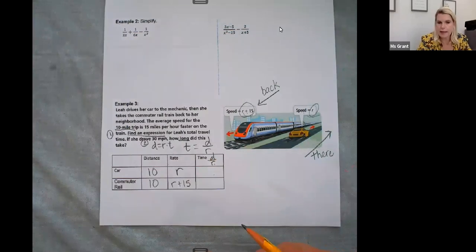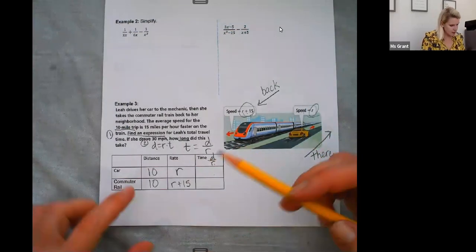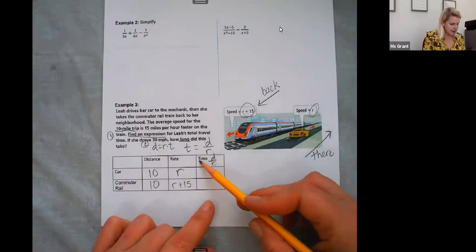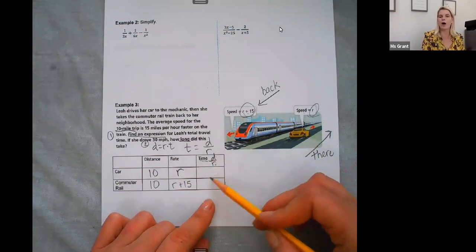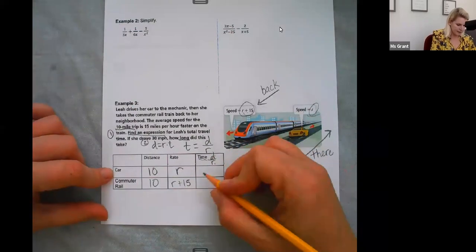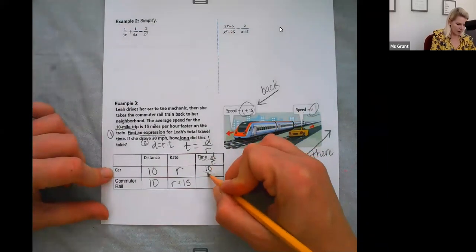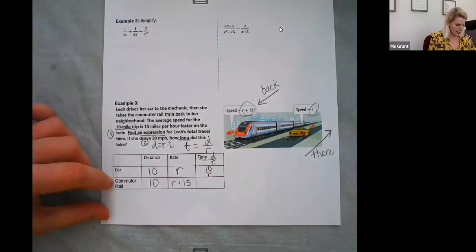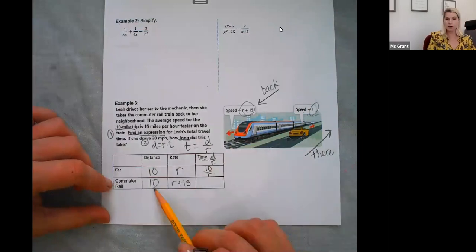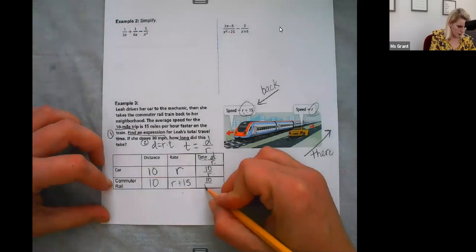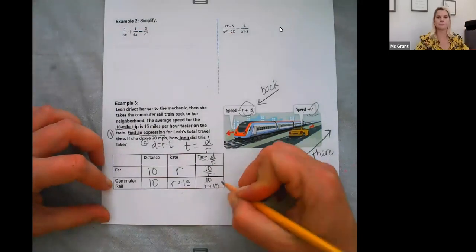Which means that I need to put my D over my R. So it's basically the time is distance divided by rate. I'm not going to put in a whole other number for time because I don't know how long. So distance divided by rate, car, 10 divided by R, distance over rate. Commuter rail, distance over rate, 10 over R plus 15.